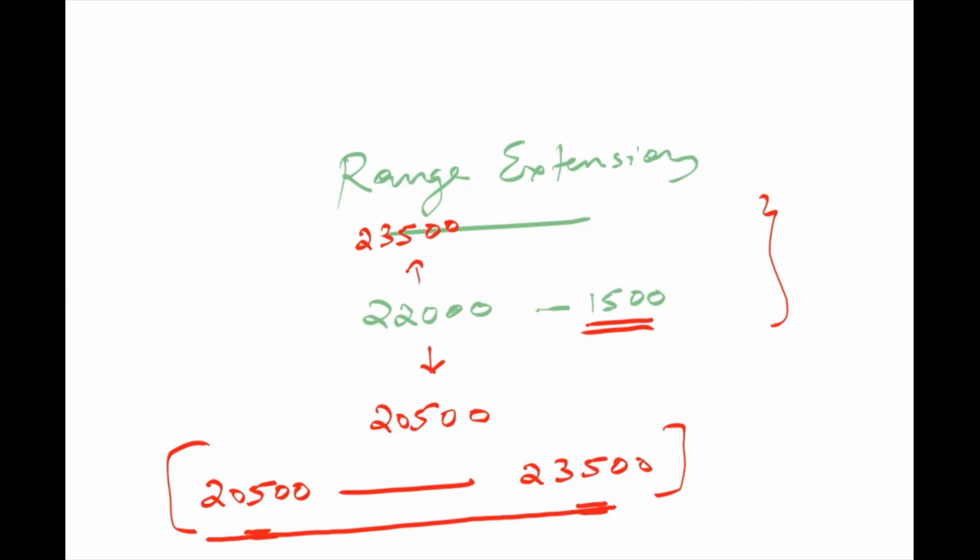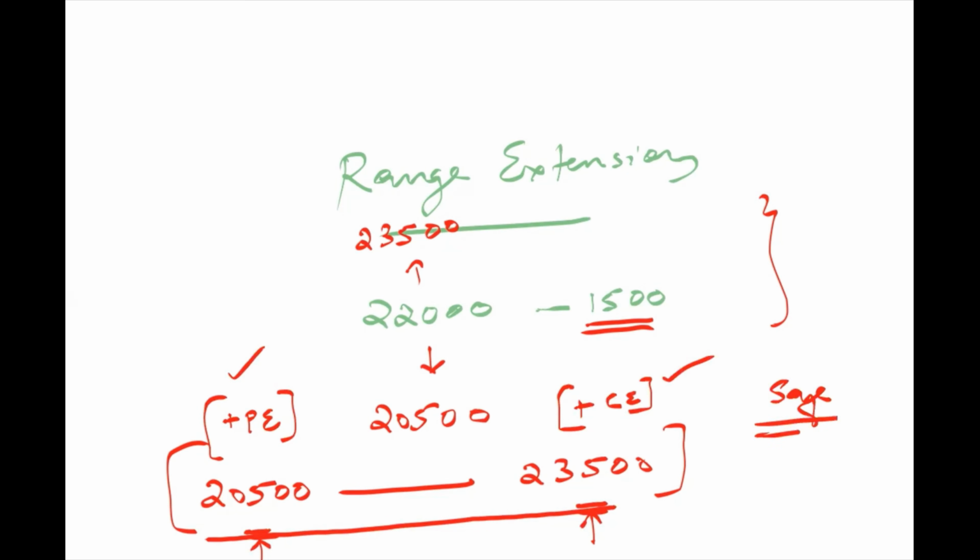Here is where you're going to buy the PE, and here is where you're going to buy the CE for protection. If it falls below 20,500, this will take care of you. If it goes above 23,500, this will take care of you. All these we have done for safety and for margin benefit.